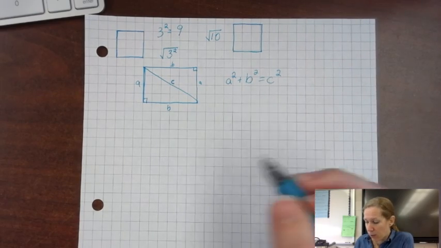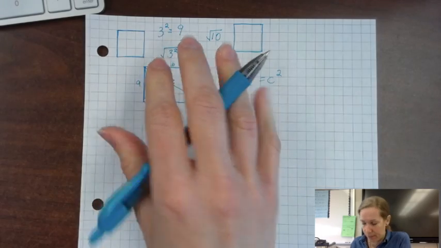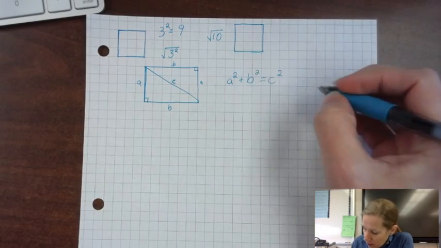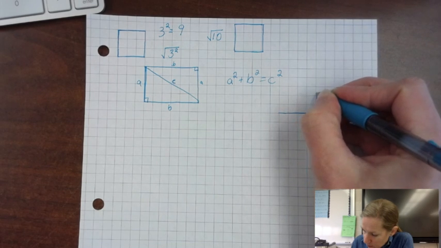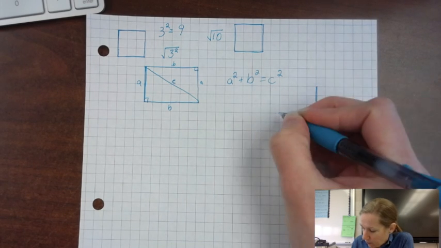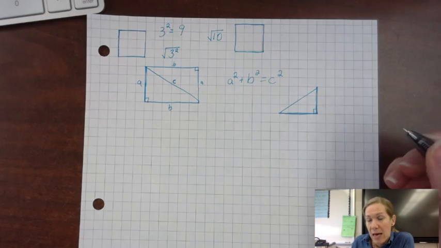The Pythagorean theorem can also be used anytime you have any right triangle at all, okay? Any right triangle like this one here, and it doesn't really matter.